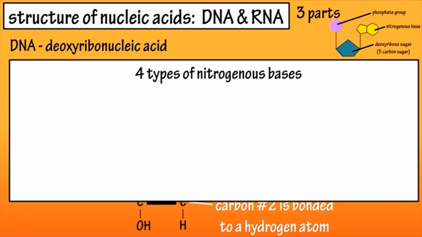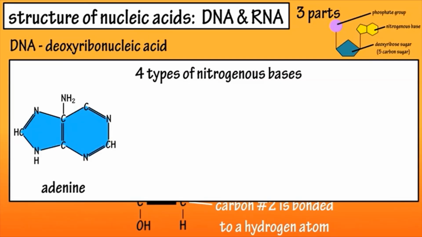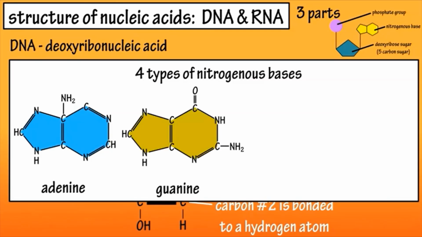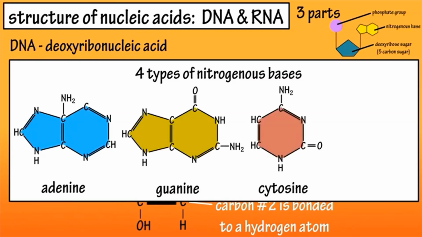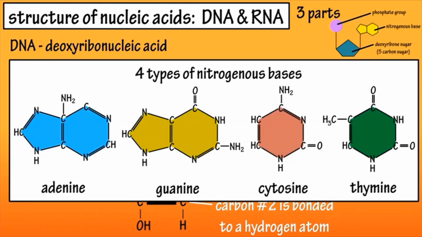There are 4 types of nitrogenous bases that can be found in DNA. Adenine, shown here, guanine, shown here, cytosine, shown here, and thymine, shown here. As you can see, adenine and guanine have double ring structures, and cytosine and thymine have single ring structures.